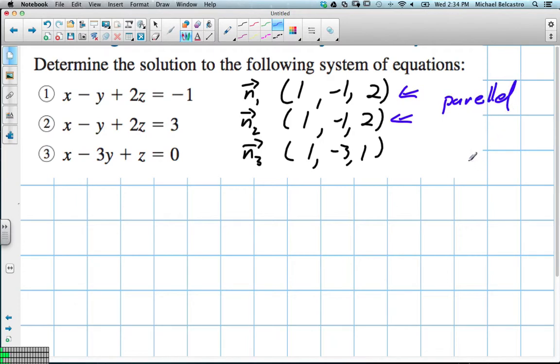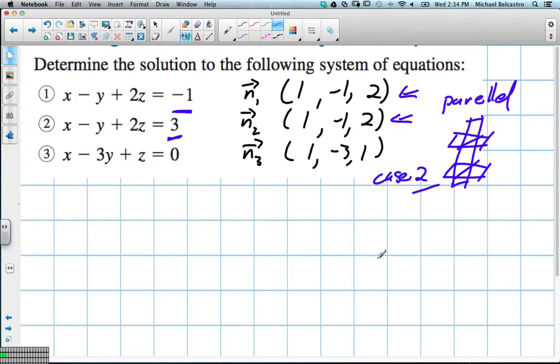And if those two are parallel but not coincident, because these constant values aren't the same, that means we have planes where at least one is on top of the other. So no matter what the other plane is, it's not going to have one consistent answer. We're probably dealing with case 2.